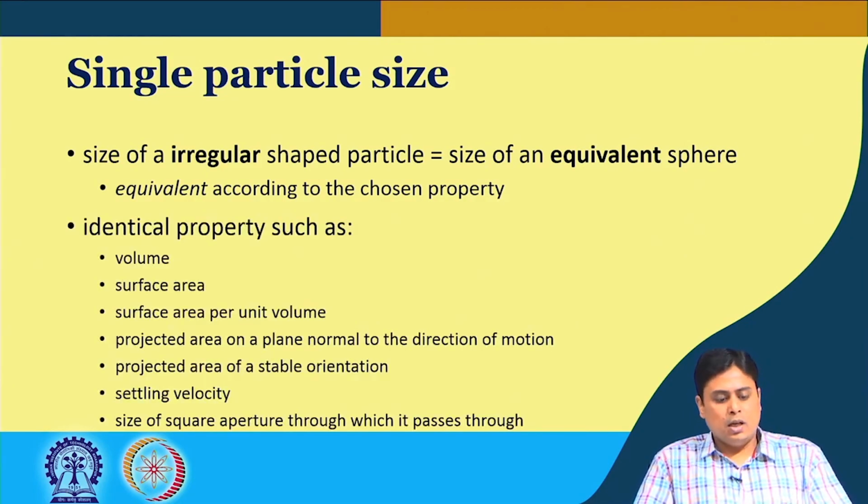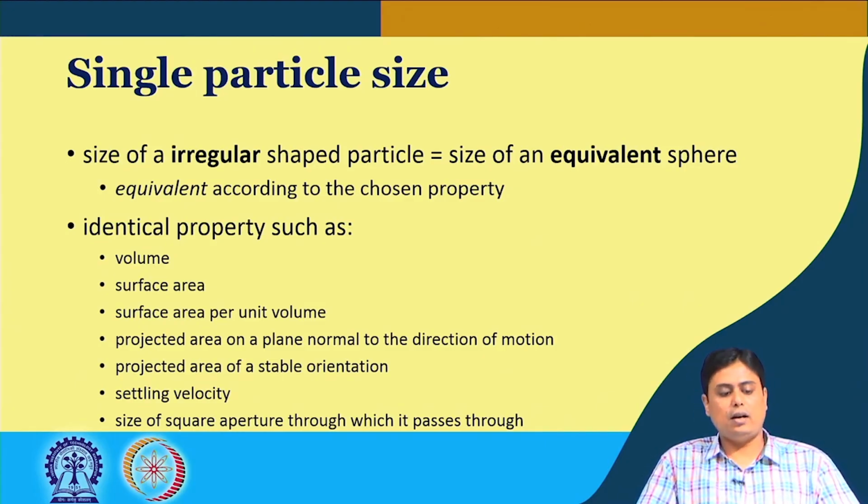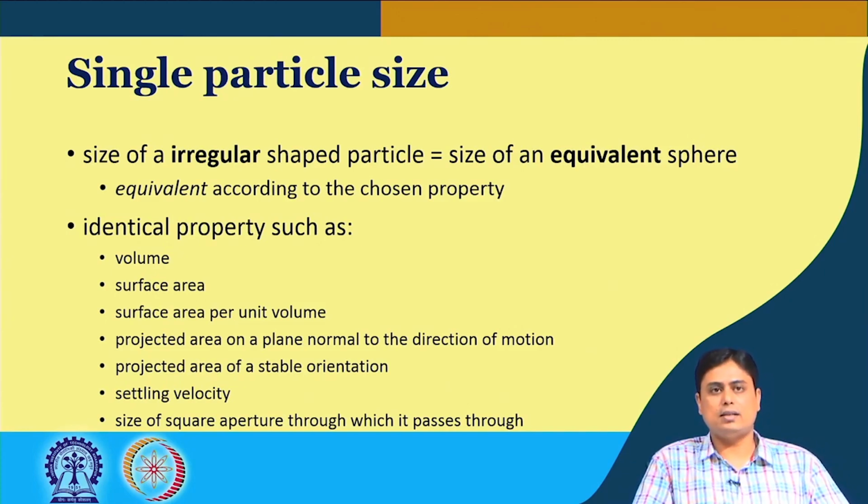For example, that identical property can be equivalent volume, that is, you calculate the volume of the irregular shaped particle and then for the same volume of a sphere, you can easily calculate the diameter of the sphere, and that gives a size of the irregular shaped particle. Similarly, you can equate the surface area of an irregular shaped particle with an equivalent sphere having the same or identical surface area.